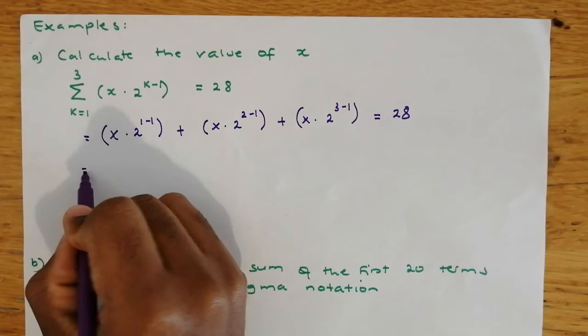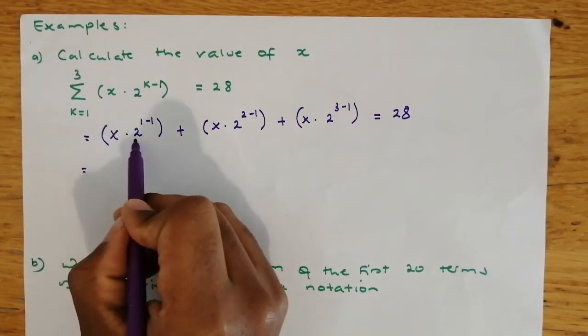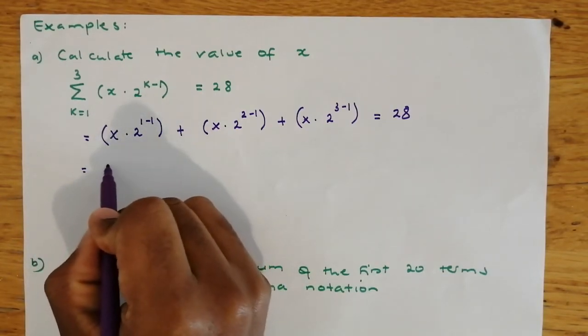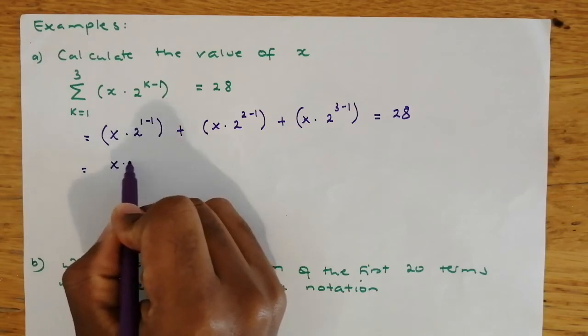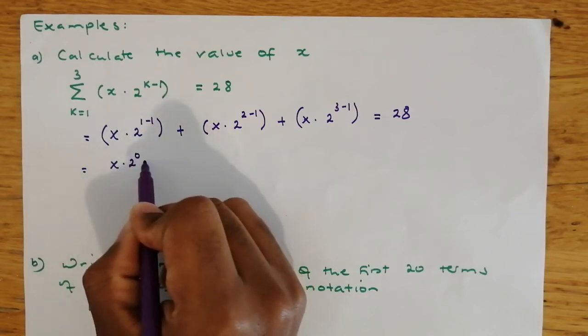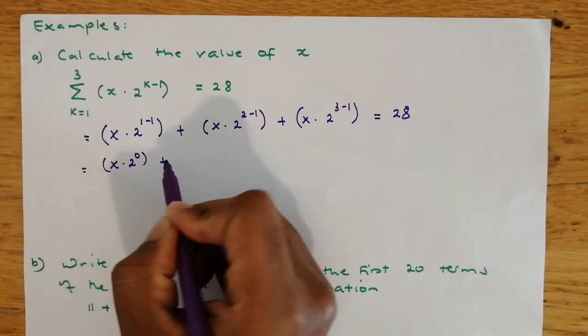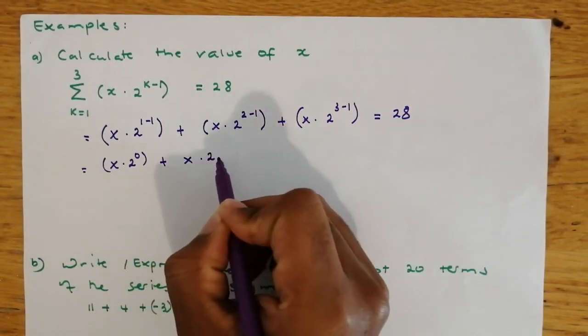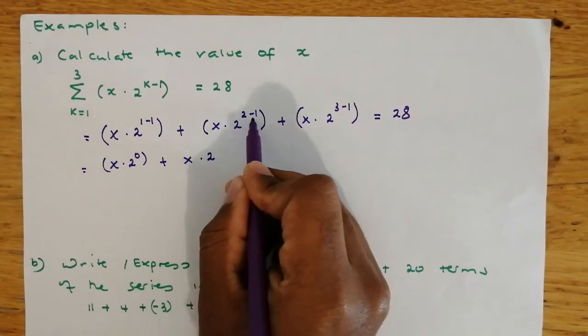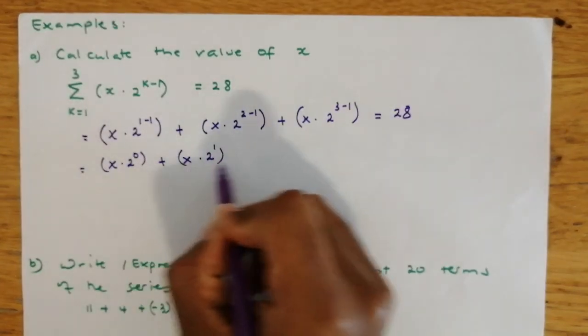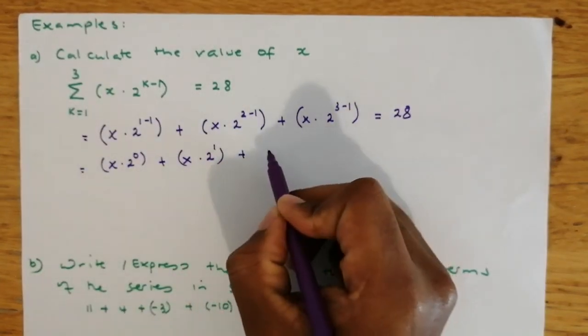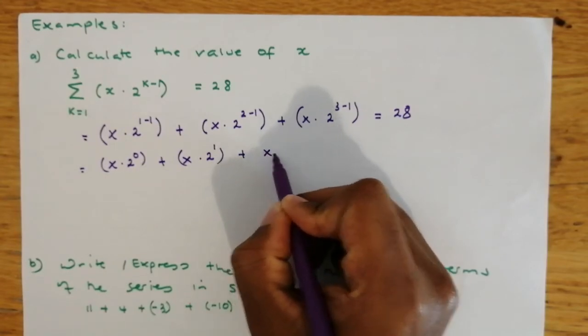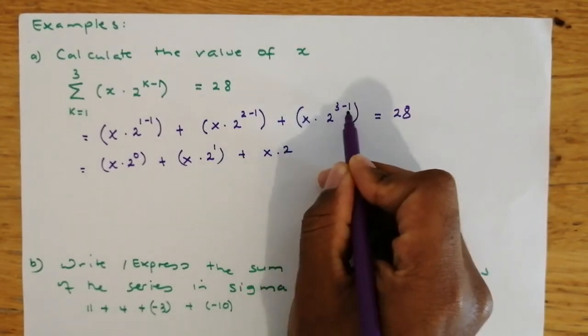Okay, so let's simplify now. x multiplied by 2 to the 0, plus x multiplied by 2 to the 1, since this is 2 minus 1, plus x multiplied by 2 squared, since this is 3 minus 1.